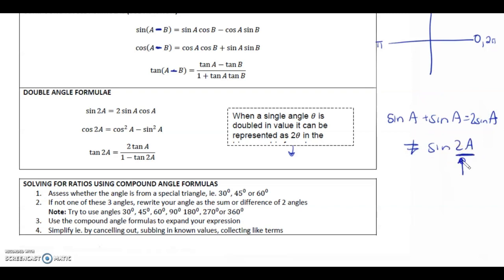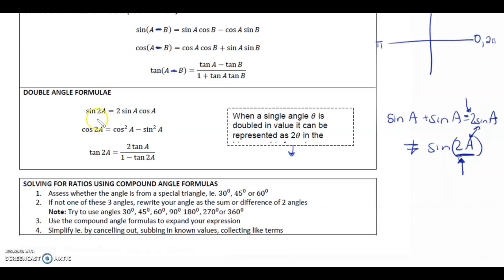This here is different because this here is inside that bracket. It is part of the angle, whereas this in front represents, I kind of want to call it, a vertical stretch by a factor of 2, or 2 of sine A plus sine A, right? So these two things are very, very different. So just be careful of that.